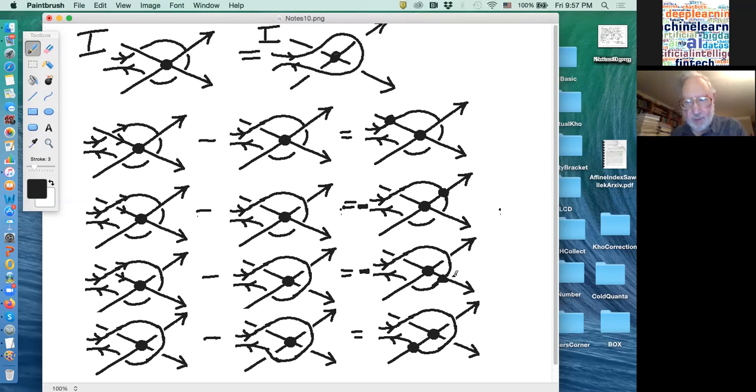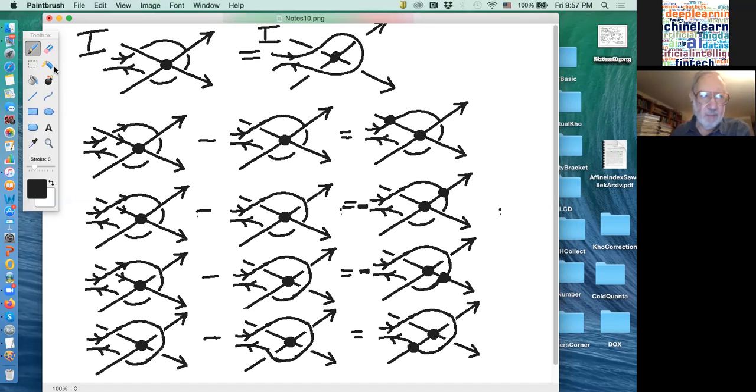I have a 4-term relation about 2-noded embedded graphs. That is the embedded 4-term relation. That this minus this plus minus this plus this is equal to 0.